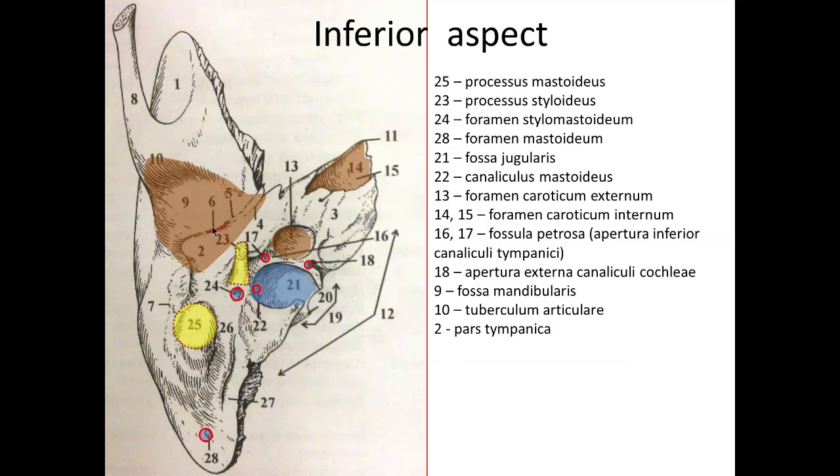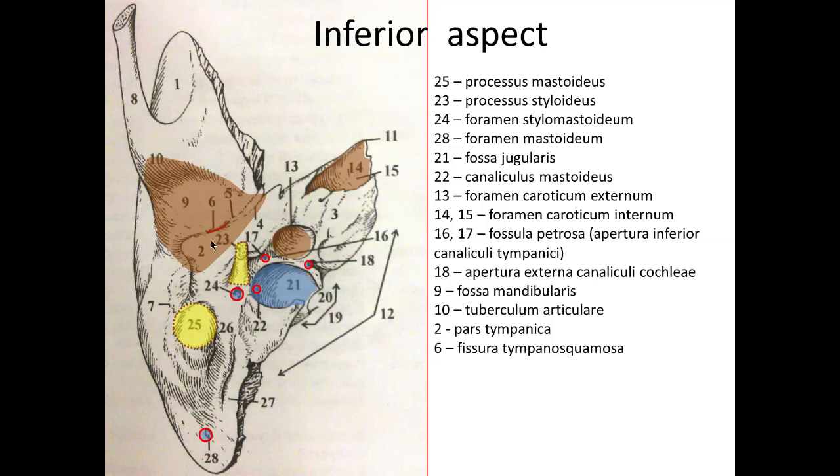So number 6 is fissura tympano-squamosa. I'd like to repeat. Number 2, pars tympanica. Number 9 is that part of fossa mandibularis which belongs to the squamous part. So number 6 is between tympanic and squamous part, fissura tympano-squamosa.